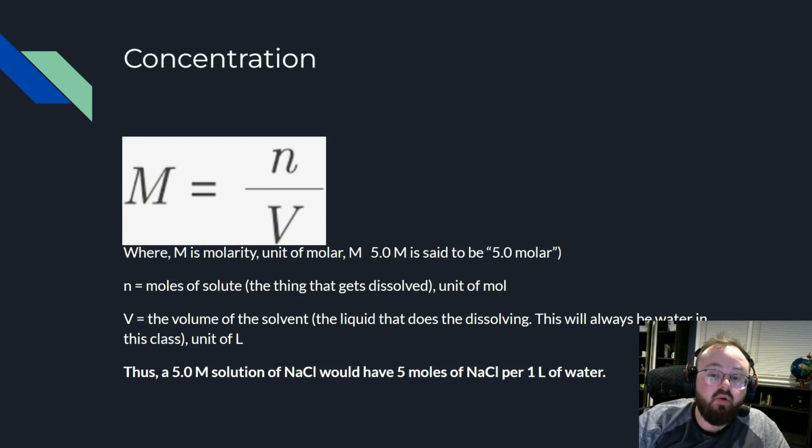But that means that the moles of solute is whatever we're dissolving. It's the aqueous thing, and it's how many moles there are. And the volume is how much liquid we have, and the units are going to be in liters. So a 5 molar solution of sodium chloride would have 5 moles of sodium chloride in 1 liter of water.